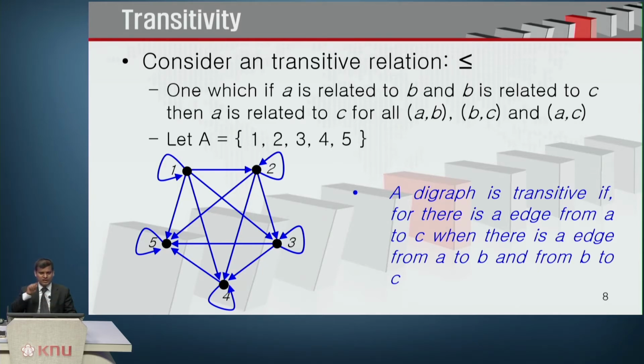It's like 1 is related to 2 and 2 is related to 3, so 1 is related to 3. In other words, 1 equals 2, 2 equals 3, then 1 equals 3. It's like A equals B and B equals C, then A equals C.